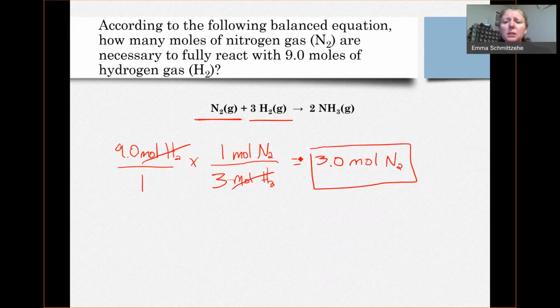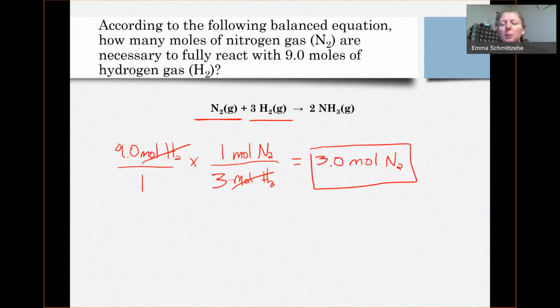Now, if you stop and just think about this and look at the reaction, that answer should make sense. They react in a 1-to-3 ratio. So you only need a third as much nitrogen, okay? So sometimes you can reason out stoichiometry in your head, but I would recommend that you get in the habit of writing it out as dimensional analysis, because this one I gave you some nice numbers you could work with in your head.